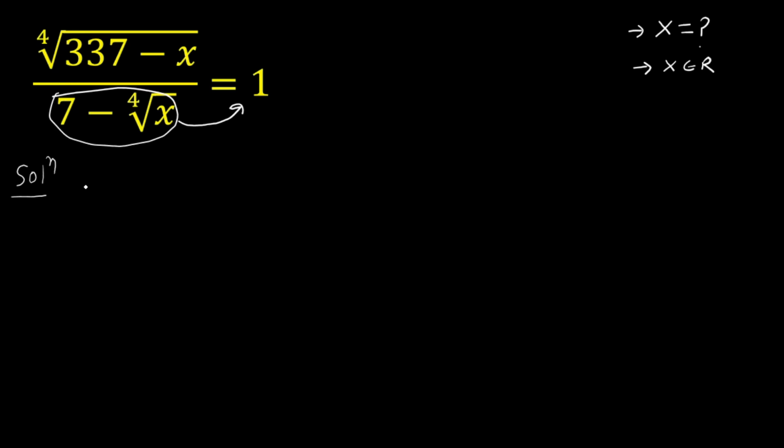Then on the left hand side, fourth root of 337 minus x equals 7 minus fourth root of x.